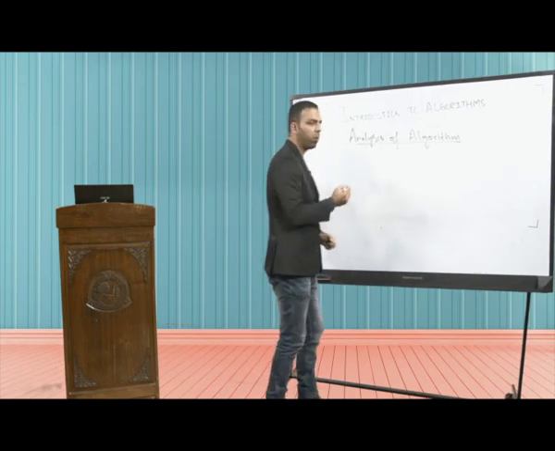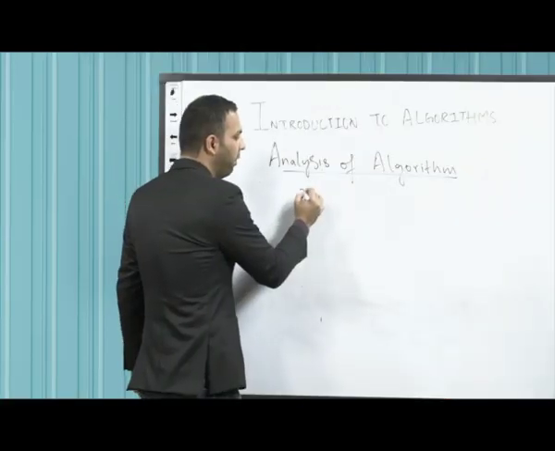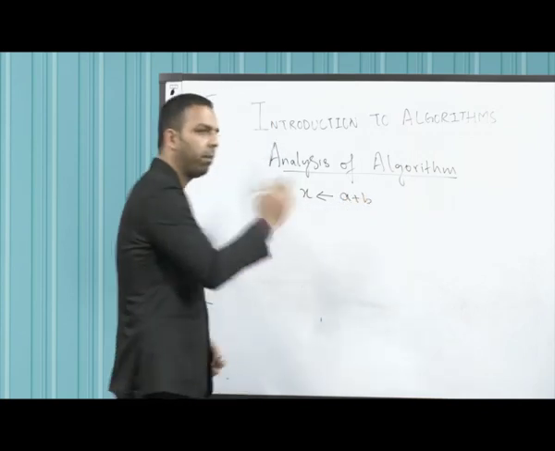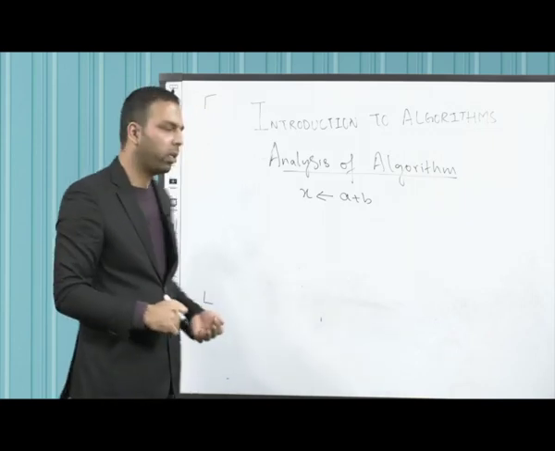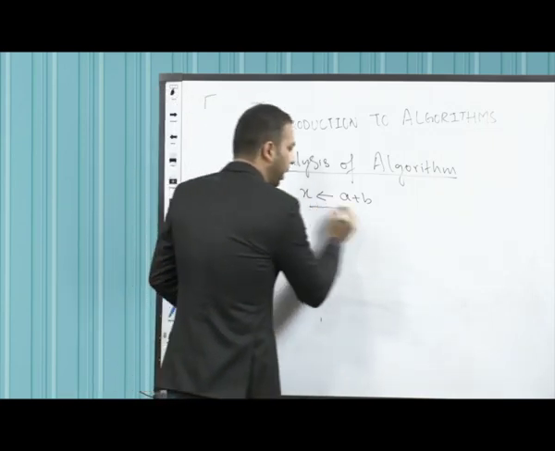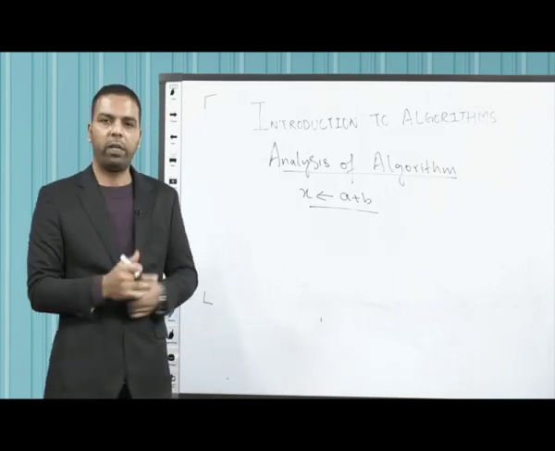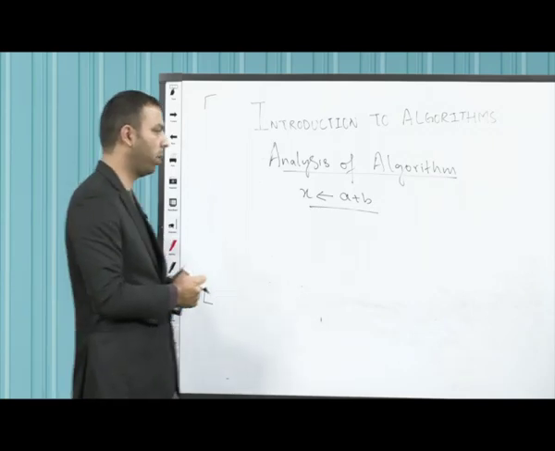Say we have a simple program, so I will write that. We have a variable x, and we are adding two numbers, a and b, and I'm storing that value in the variable x. What I want to check is, if I write this statement in different ways, how is it going to affect the execution time of my algorithm.